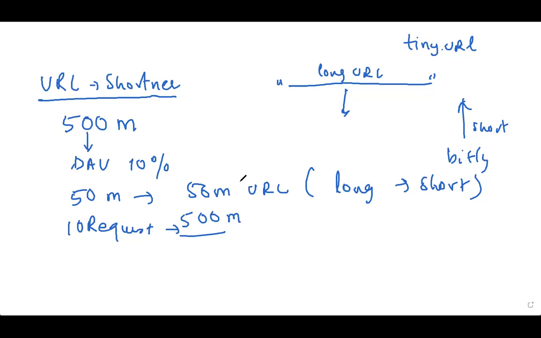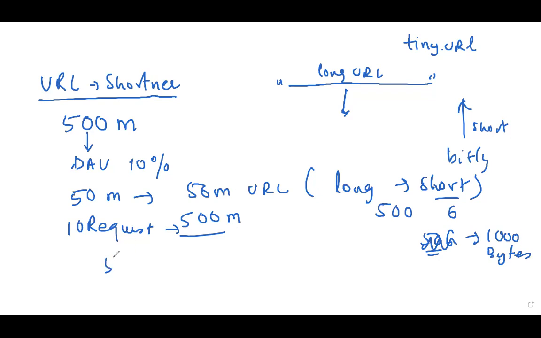Let's say the long URL is 500 characters and the short is 6, so 506 characters. Then we'll be sending the user ID, some dates and parameters, so maybe 1,000 bytes per request. You can calculate it accurately, but it's okay to say 1,000 bytes per request.